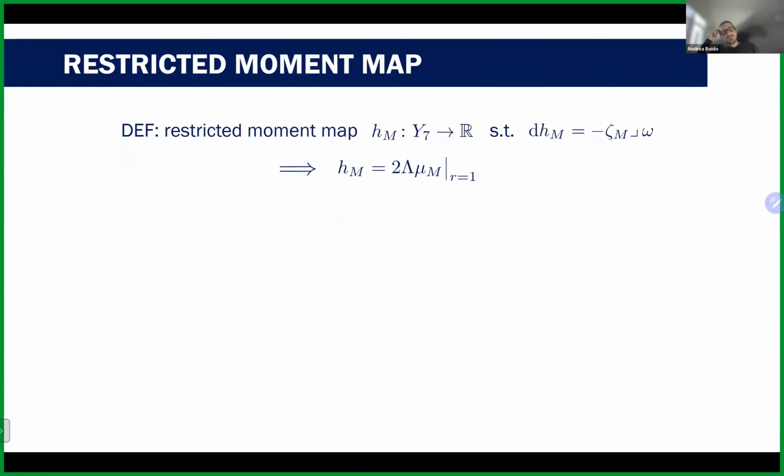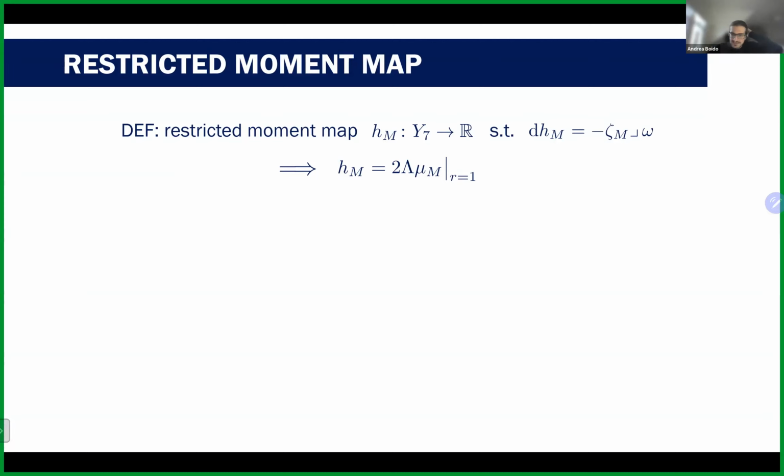As I told you before, we said already that this variable t in field theory, which is the thing the eigenvalue density depends on, is somehow related to this moment map. In particular, the thing which works is this restricted moment map, which I'm introducing here.